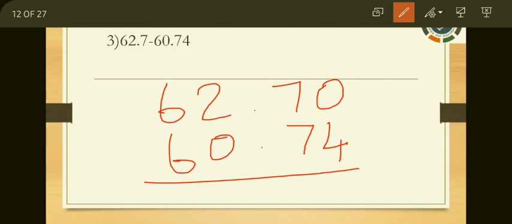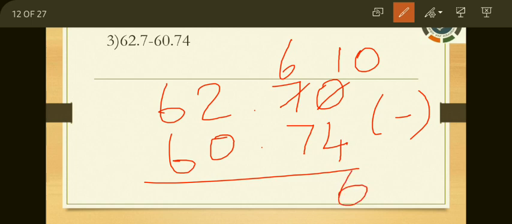Now subtract the decimal numbers. 0 and 4, you can't subtract, so borrow 10, and this becomes 6. 10 minus 4, 6. 6 and 7, you can't subtract, so borrow from 2, 1, and 6 becomes 16. 16 minus 7, 9. 1 minus 0, 1. 6 minus 6, 0. So what is the answer? 1.96. The decimal point is very important.